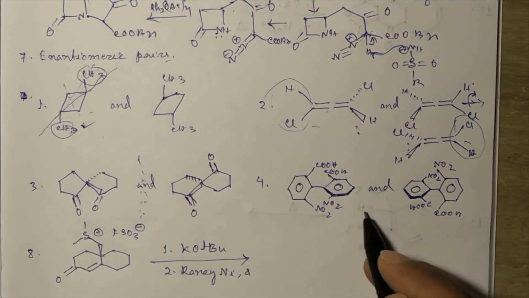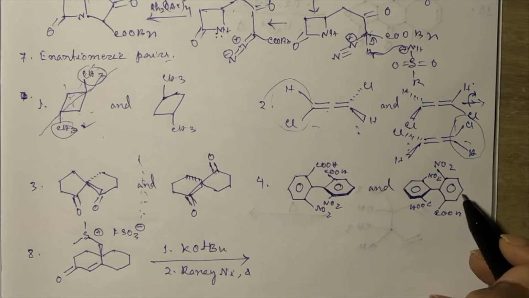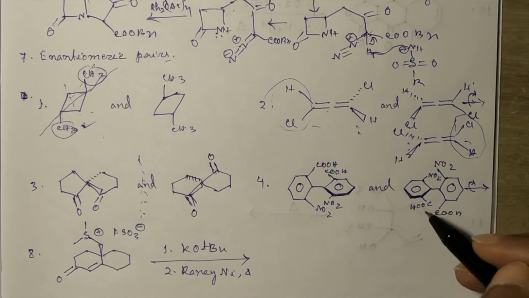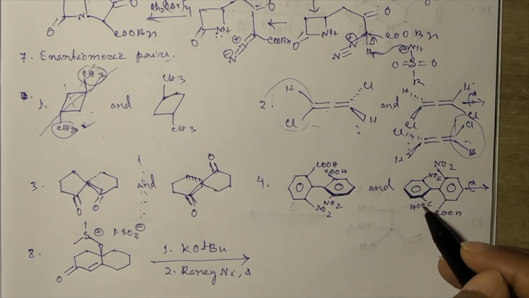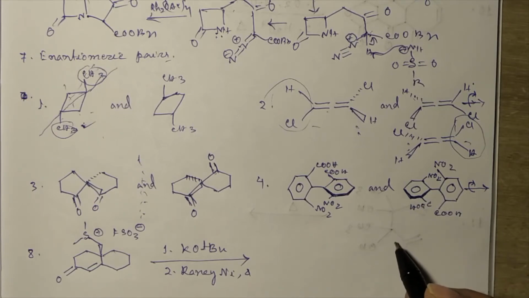On the other hand, in this compound, if we rotate this in this direction at 180 degree, then the COOH group will come here. If we rotate this, then what we'll get?